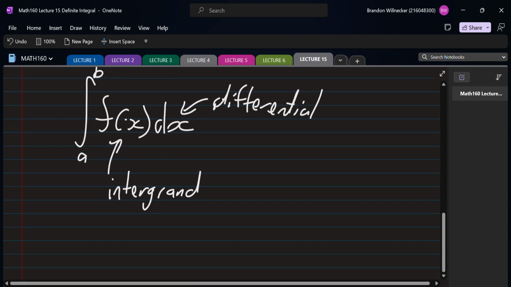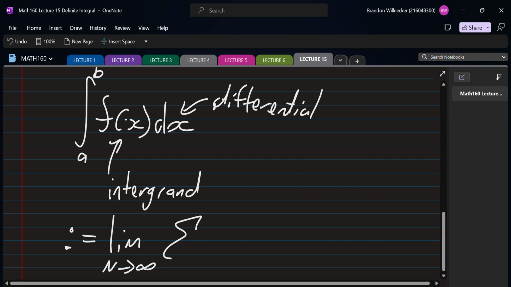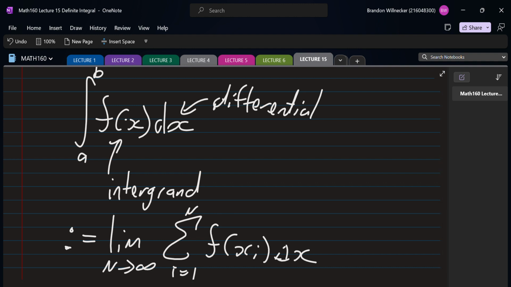So this is just a notation. If we want to calculate this, this is equal to the limit as n goes to infinity of the sum i equals 1 to n of f of x_i times delta x. Later on we'll see that there are tricks to find this quite easily without doing this whole limit. We're going to look at that on Wednesday.